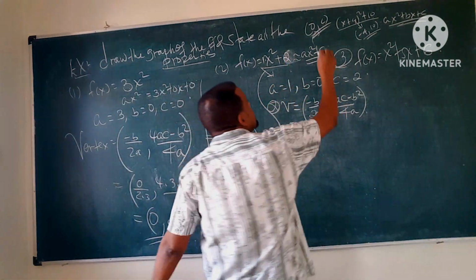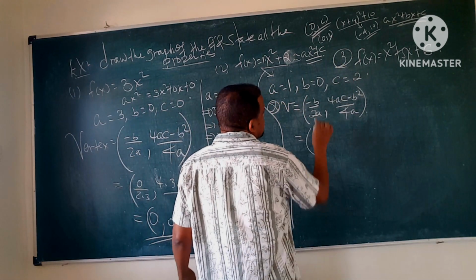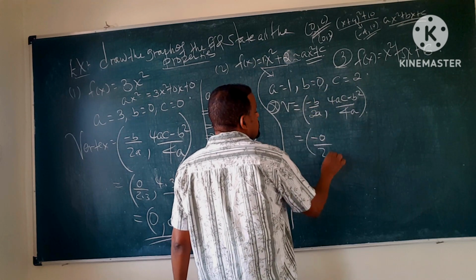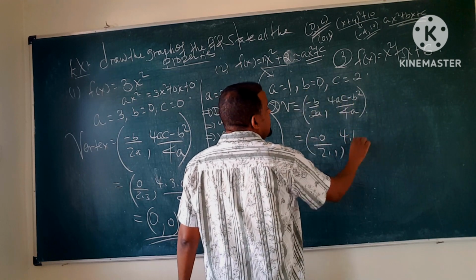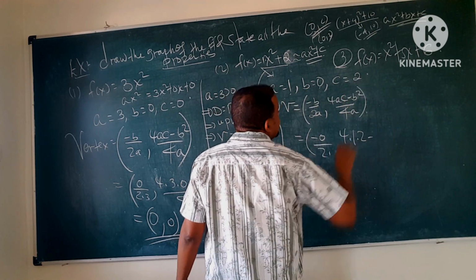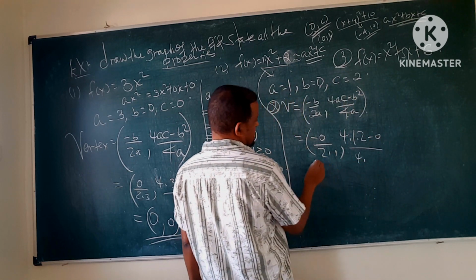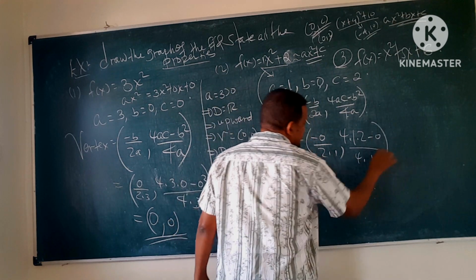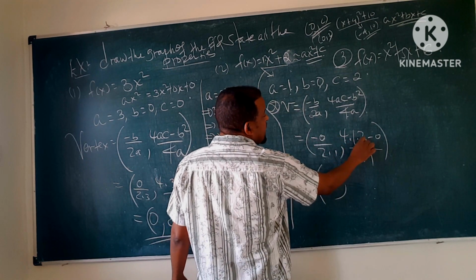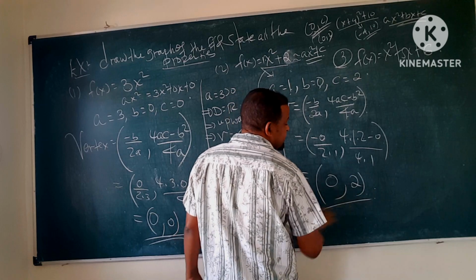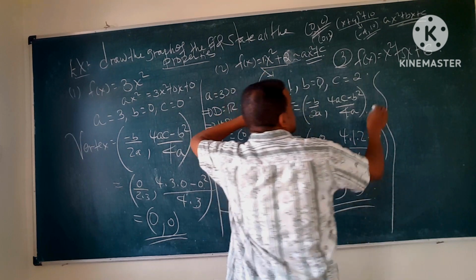Our c is 2, so we need to get (0, 2) by the formula. Negative b, with b being 0, over 2 times a, which is 1, comma 4 times a, which is 1, times c, which is 2, minus b squared, which is 0, over 4 times a, where a is 1. So negative 0 over 2 is 0, comma 4 times 2 is 8, and 8 over 4 is 2. So the vertex is (0, 2).